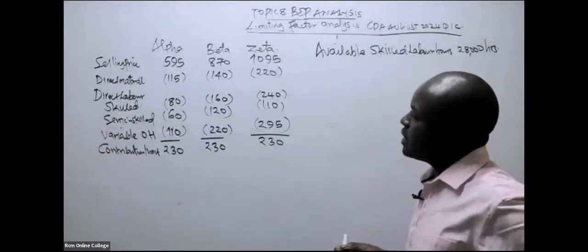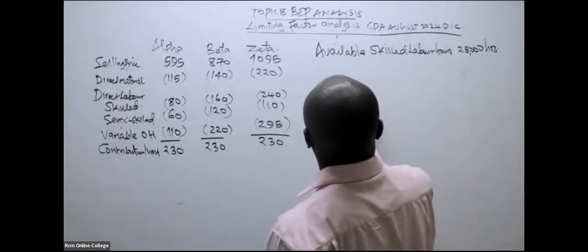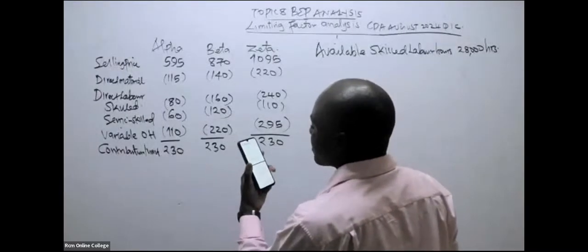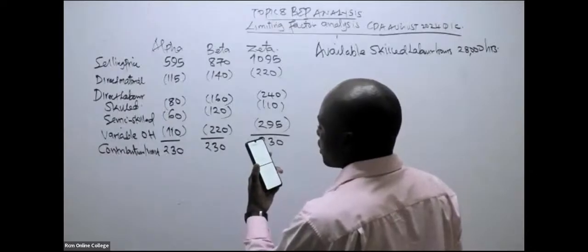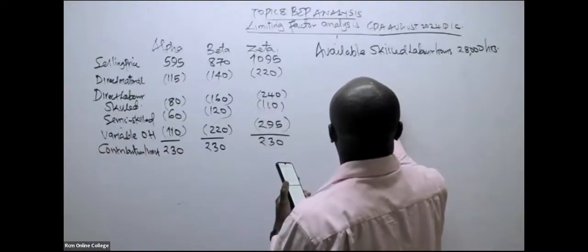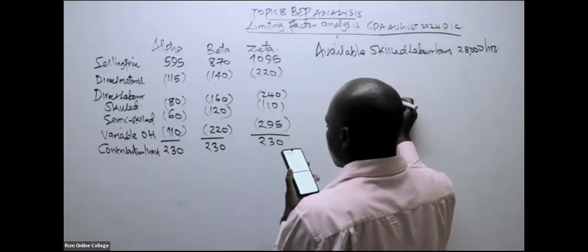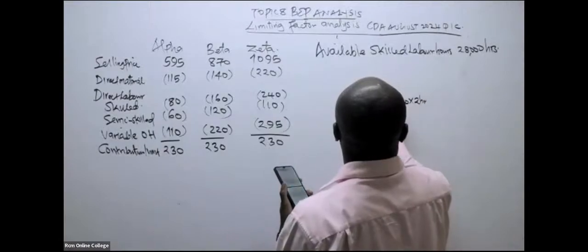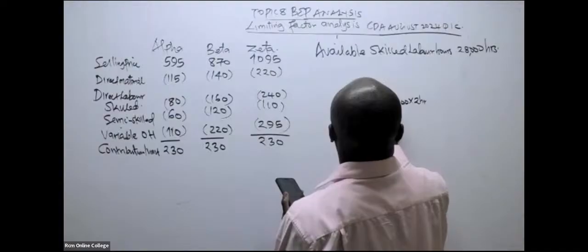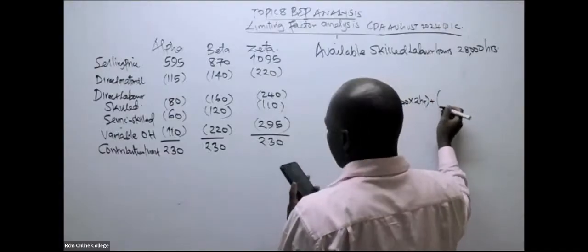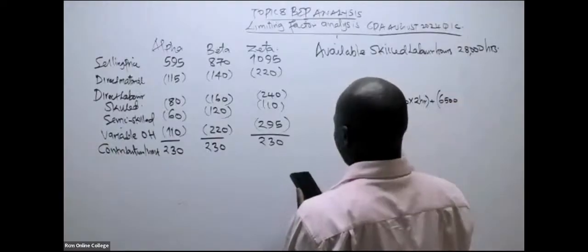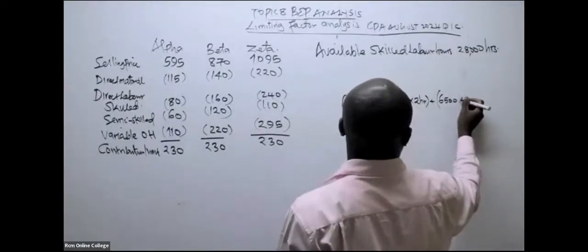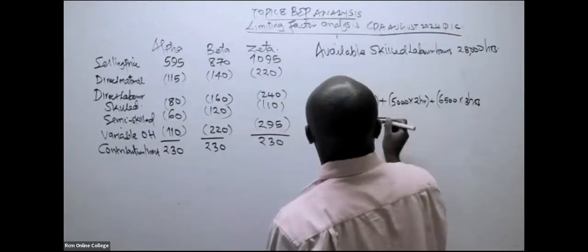If you are to fulfill this demand of the 3,000 units for alpha, which requires 1 hour, plus the 5,000 units of beta, which requires 2 hours, plus the 6,500 units of zeta, which requires 3 hours.